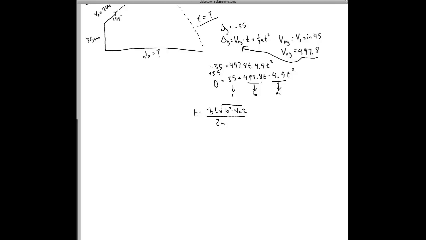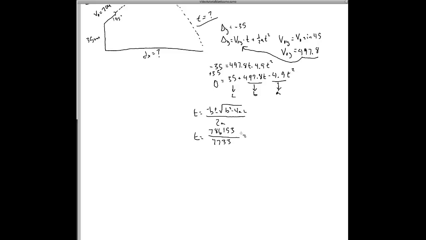So b is 497.8, and then c is 35. It gave me time as a big old fraction, and it does that sometimes. 786,153 all of that over 7733.